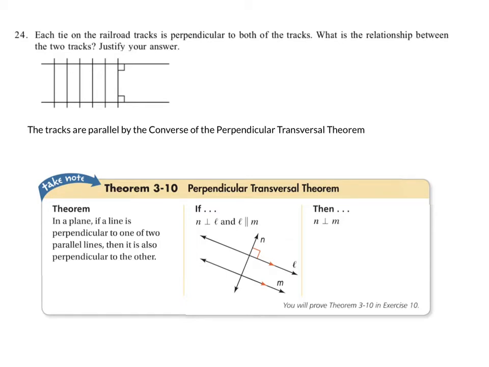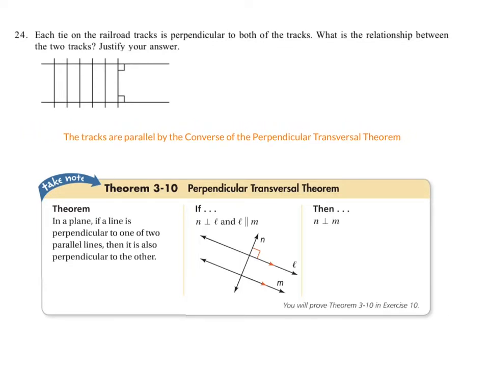Sound good? Okay, and the reason, again, is, and let me select all and change the color of this to make it pop a little bit better. If you're proving the lines parallel from the information, that's going to be the converse.